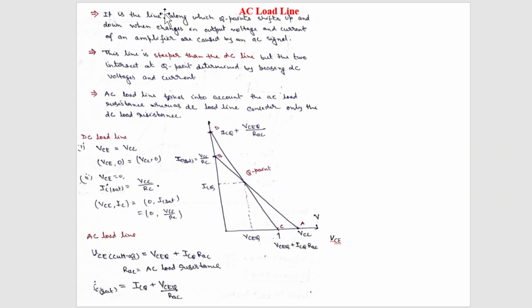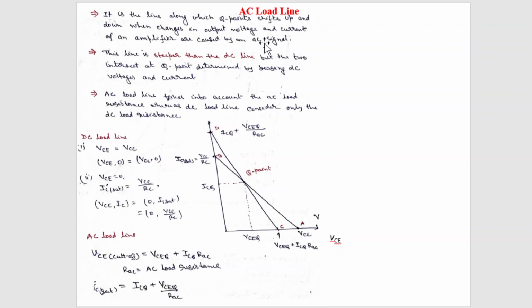So the AC load line is a line on the output characteristics of a transistor along which the Q point shifts up and down. It means the Q point moves along this AC load line when changes in the output voltage and current of an amplifier are caused by an AC signal.